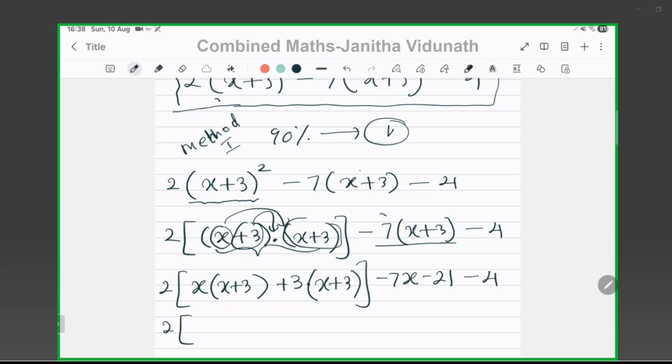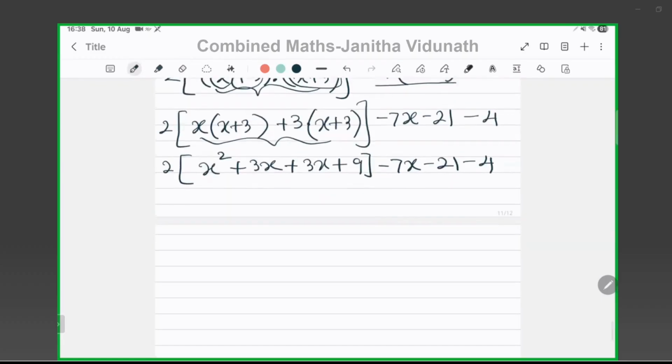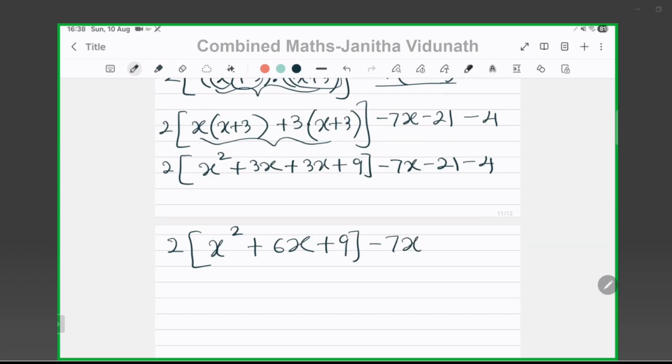When we simplify, we get x square plus 3x plus 3x plus 9, then minus 7x minus 21 minus 4. Then we get 2 times x square plus 6x plus 9 minus 7x minus 25. Adding those two terms, we get minus 25.